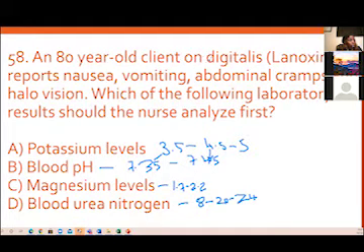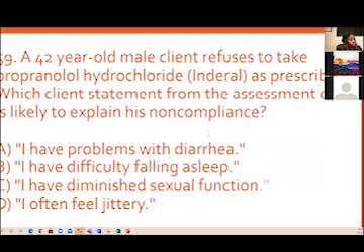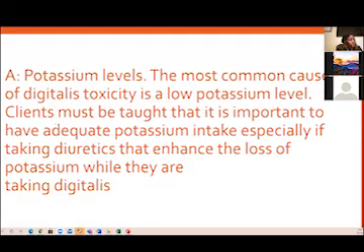So what I want you to take home is that a low level of potassium, lower than 3.5, can cause digitalis toxicity. Okay, so let's go to the rationale. The most common cause of digitalis toxicity is low potassium level. Client must be taught that it's important to have adequate potassium intake, especially if they're taking diuretics. Most of the time, someone takes digitalis because they have heart failure or a heart problem, right?